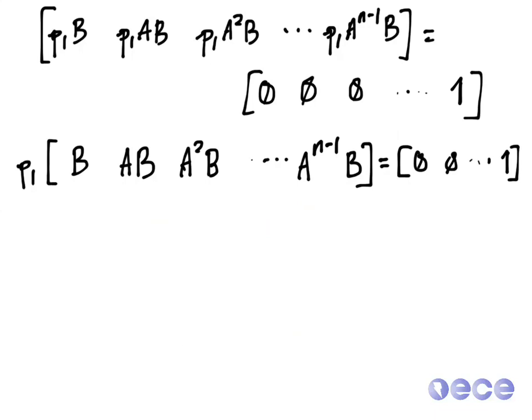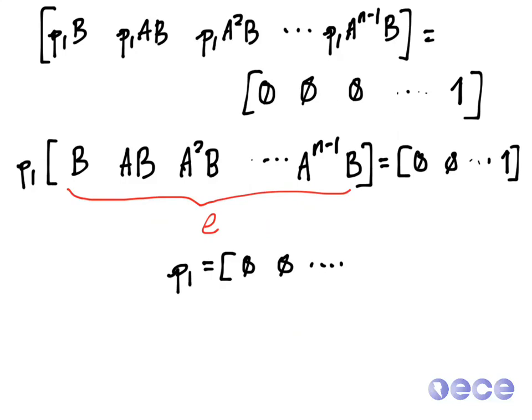So this matrix here is the matrix E that we defined before. B, AB, A squared B, etc. So I can say now that P1 is equal to a bunch of zeros times the inverse of E. Why does this make sense?